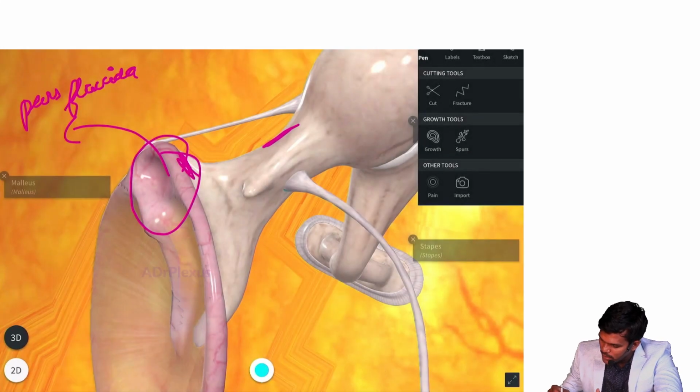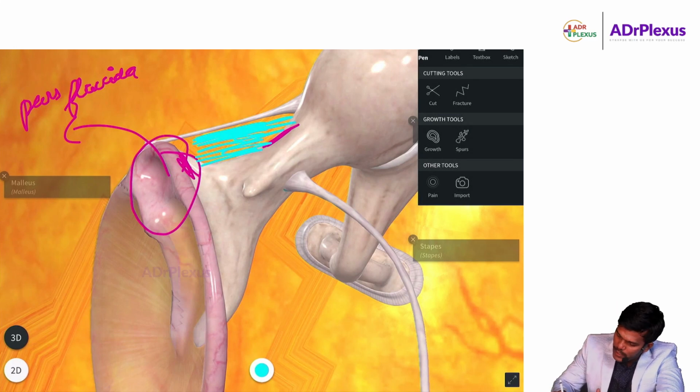Okay, so now we are going to plot the area over here. The area over here is called Prussak's space.